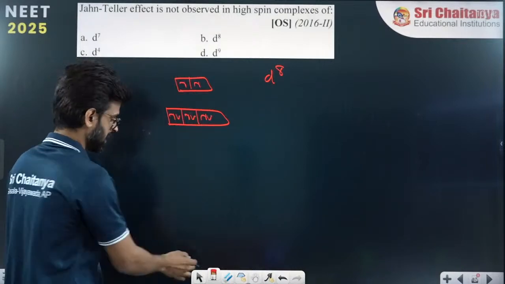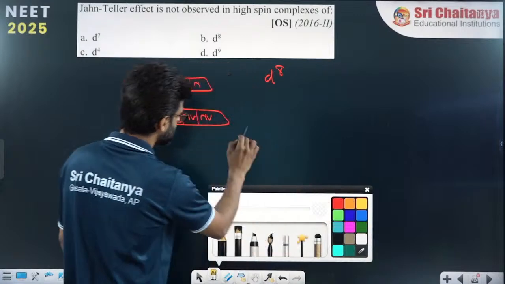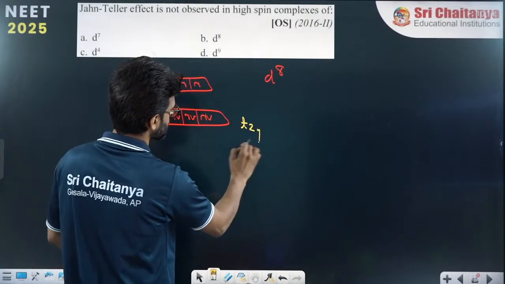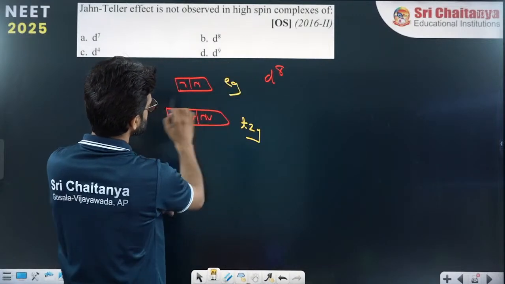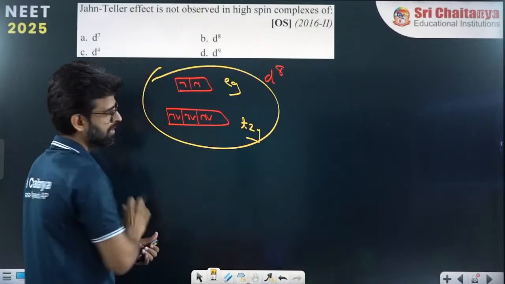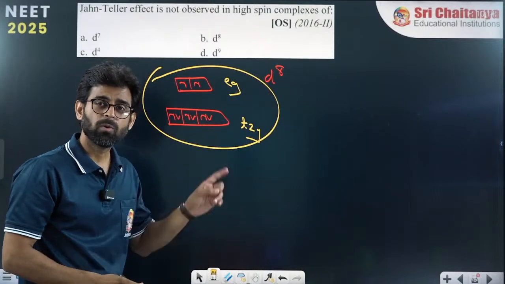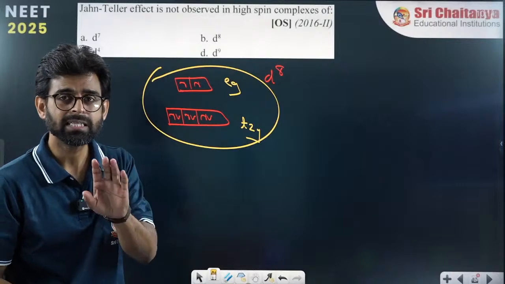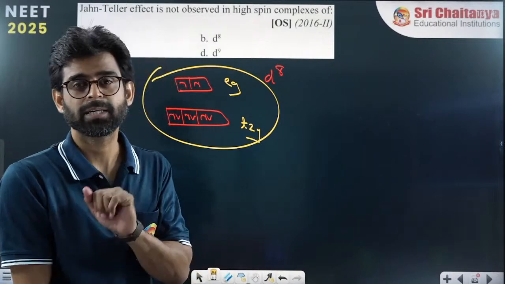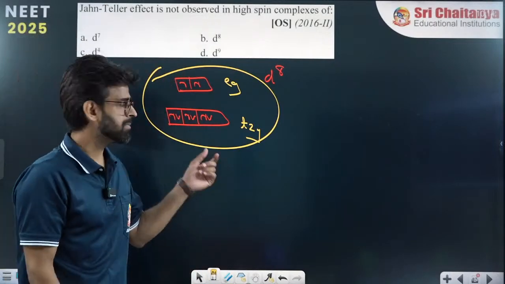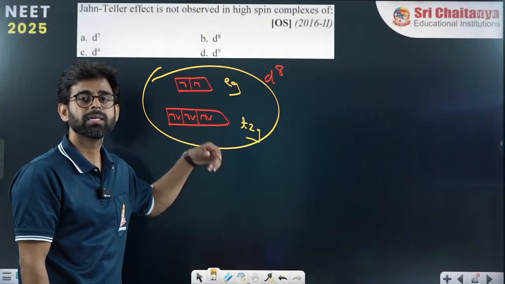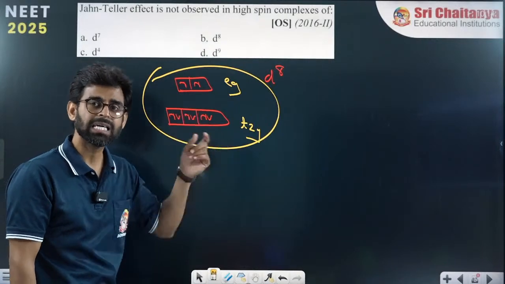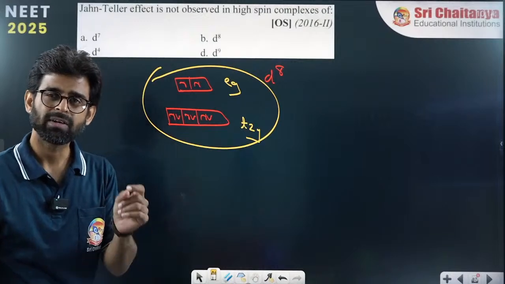You see, T2g is symmetrically filled and Eg also symmetrically filled. When T2g as well as Eg both are symmetrically filled, then there will be no Jahn-Teller effect. If there is any unsymmetry in the T2g or Eg, if any of these is unsymmetrically filled, it will have Jahn-Teller effect.